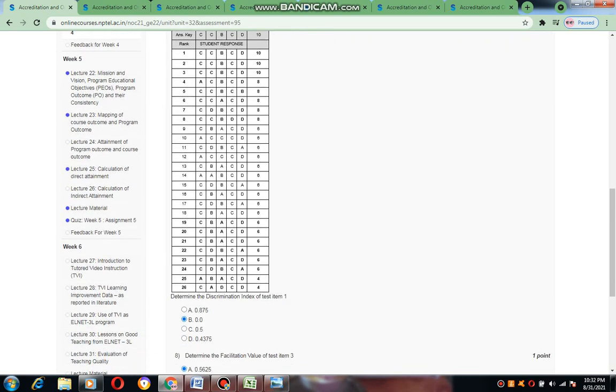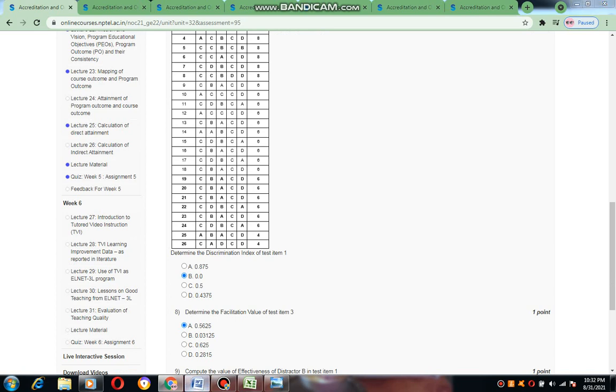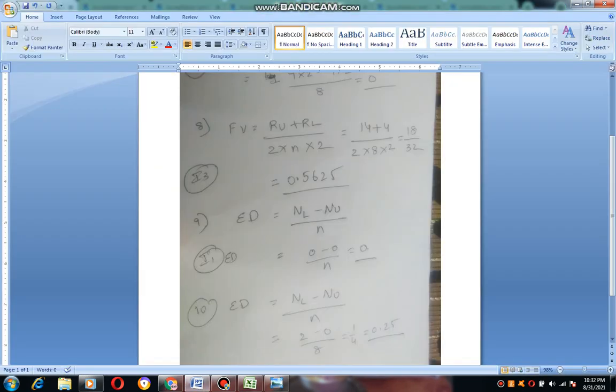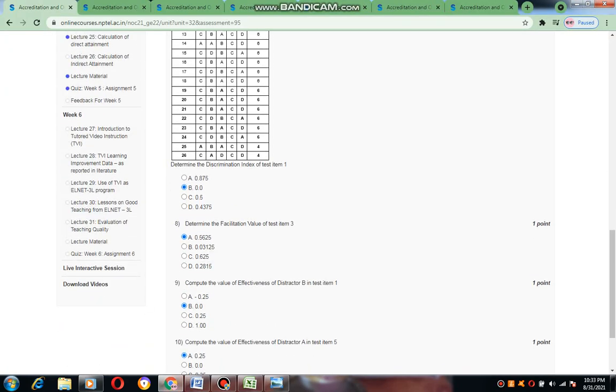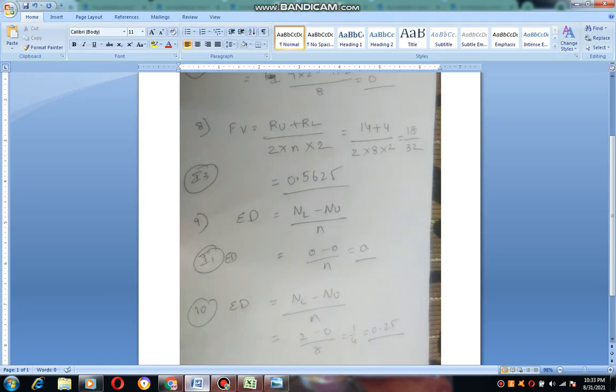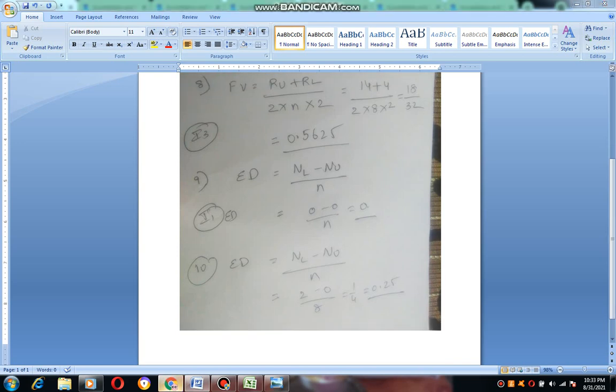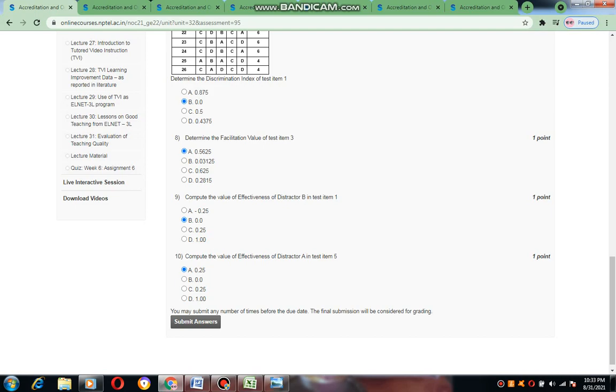Here, only 2 in the lower group and 0 in the upper. So the formula: n of L is equal to 2 minus the upper, which has no A for item number 5, so 0, divided by 8, the group size. So total is 2 by 8, that is 1 by 4, that is 0.25. So the answer we have selected is 0.25.